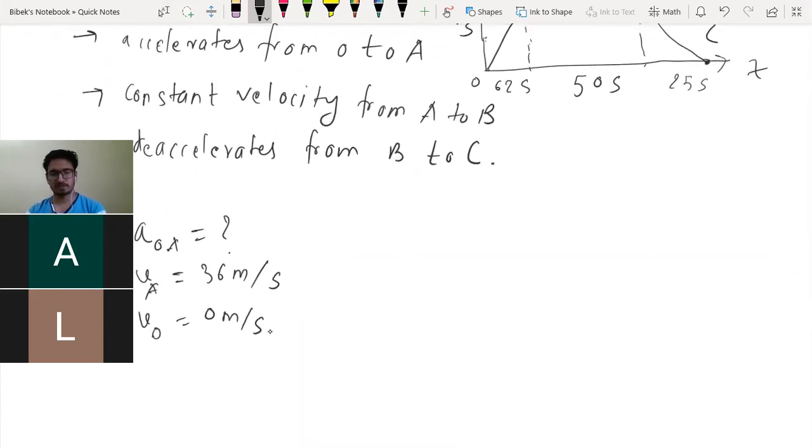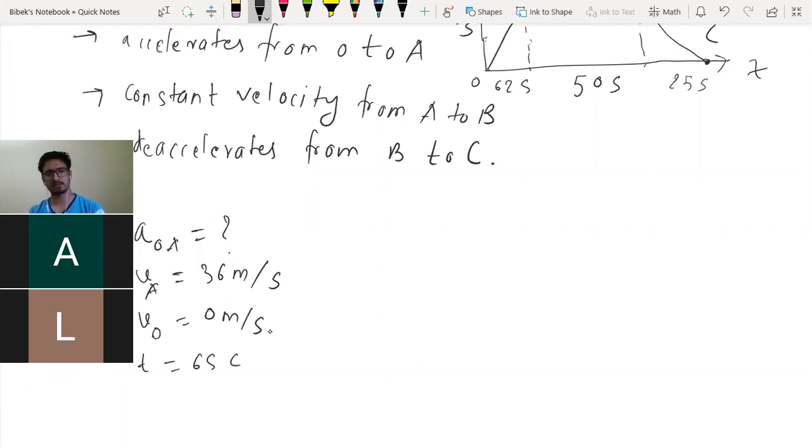Since it's a problem involving time and speed, it's a kinematics problem, so you need to use the equations of motion. If you want to find acceleration and you have velocity and time, we also have the time, but we don't need the distance.